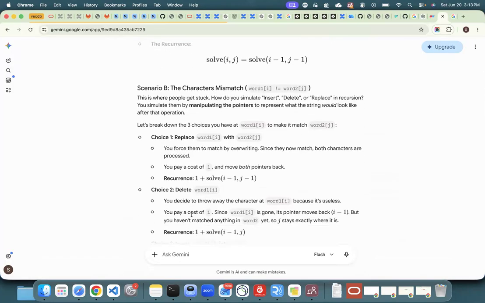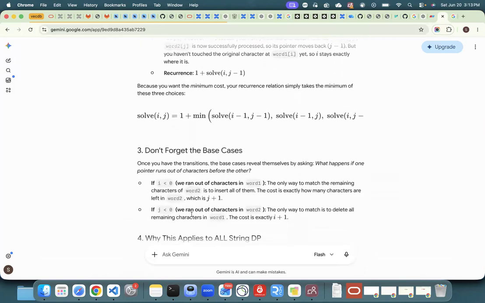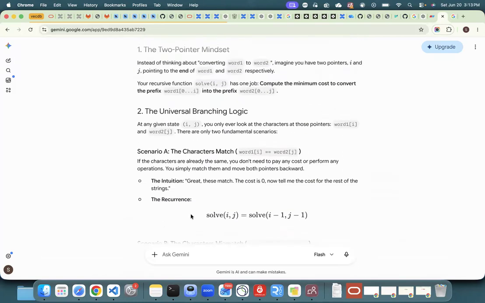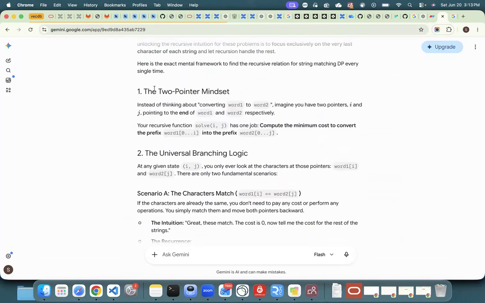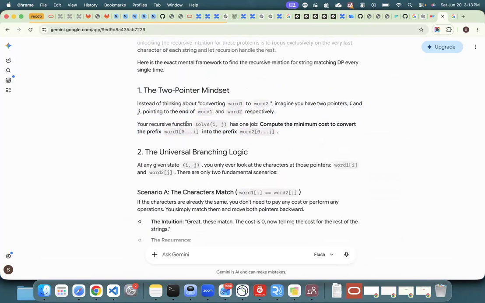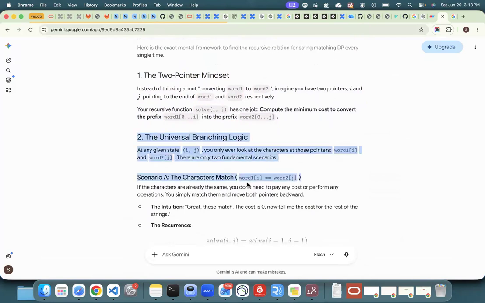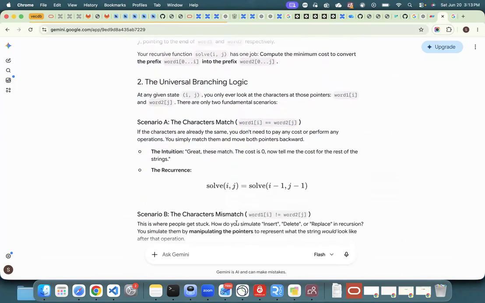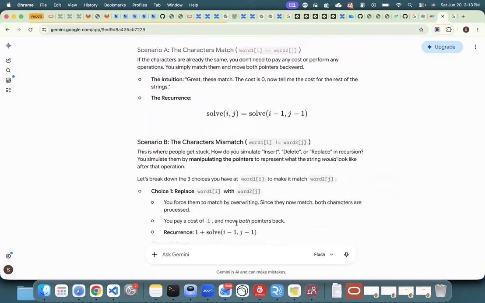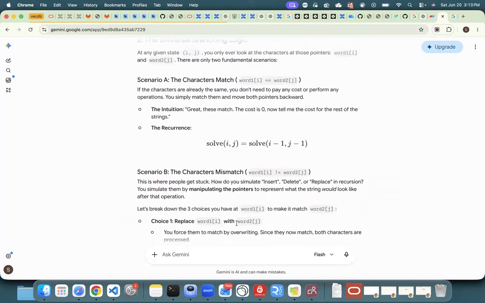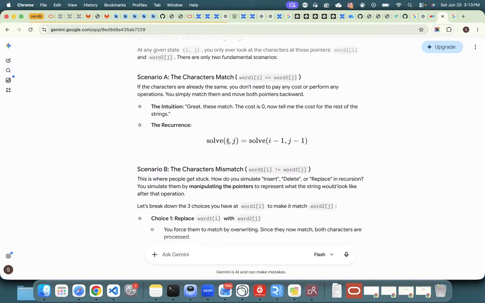The four things that you must be doing: first, the two-pointer mindset using i and j. Then the branching logic, which is how you solve i and j using the lower functions.